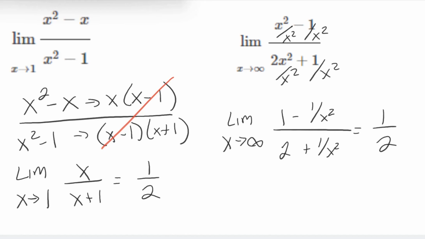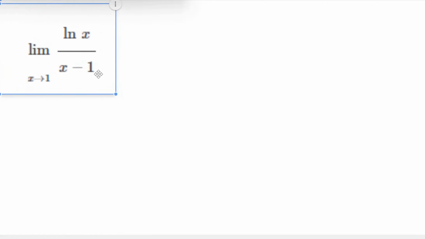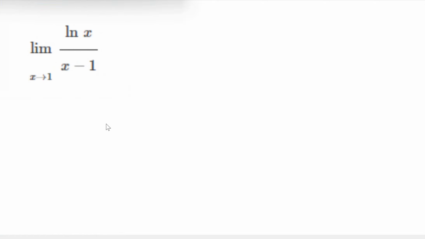Obviously, if I'm doing this now, that's not what we're going to look at. So let's look at this limit. So we have ln of x over x minus 1. Can I just plug the 1 into it?